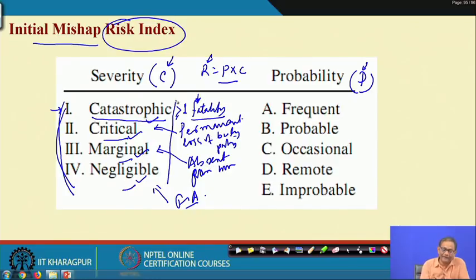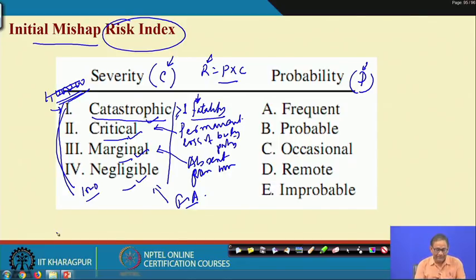For example, if an accident can cause rupees 1 lakh or more, or if we say 1 million Indian rupees, then it may be catastrophic, but negligible if the ultimate loss is 1000 Indian rupees. So, that conversion is also possible. But if you can make it in terms of money, then it is quantitative.